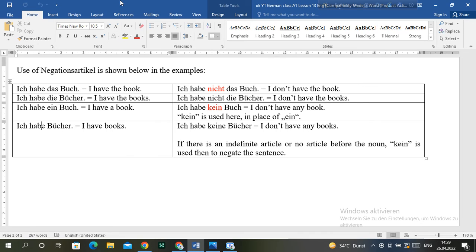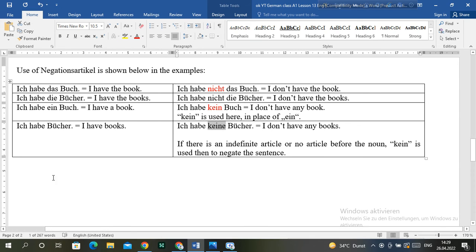Let us take another sentence. Ich habe Bücher. I have books. If you want to negate this sentence, the negative sentence is then ich habe keine Bücher. We have to take the Negationsartikel before the noun because the noun doesn't have any article before it. The noun has zero article before it.